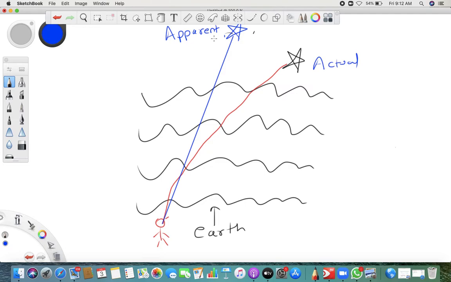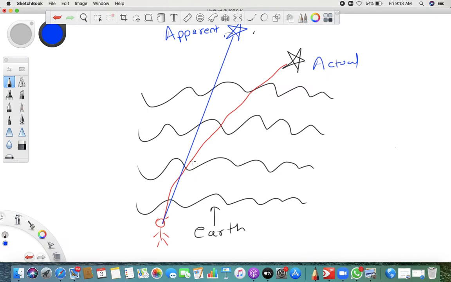Whenever you see this, the star looks right above it. So understand this phenomenon of apparent and actual position. This happened because of atmospheric refraction, and because the light keeps on bending, we see the position above it.